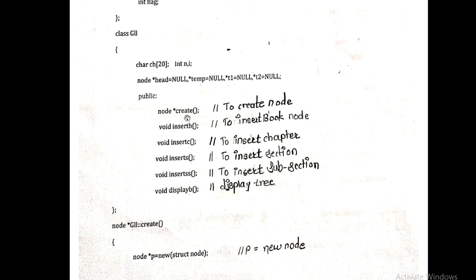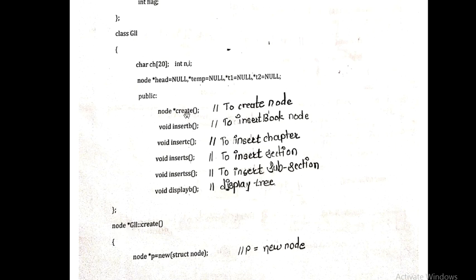We have declared the create, insert b, insert c, insert s, insert ss and display b functions within the class, but we are writing their definitions outside of the class. So for that purpose we are using the scope resolution operator. That scope resolution operator allows us to write the definition of any particular member function outside of that class, right? Which class? GLL.